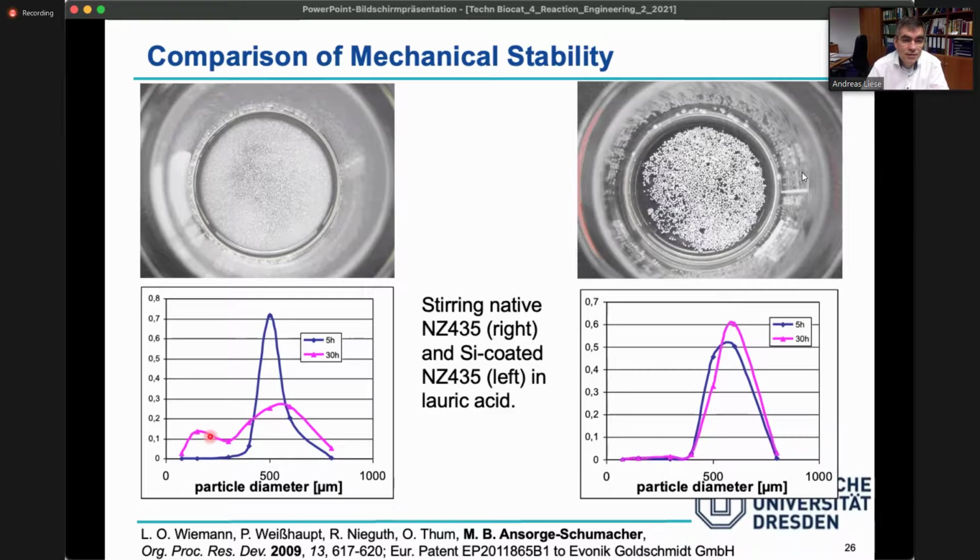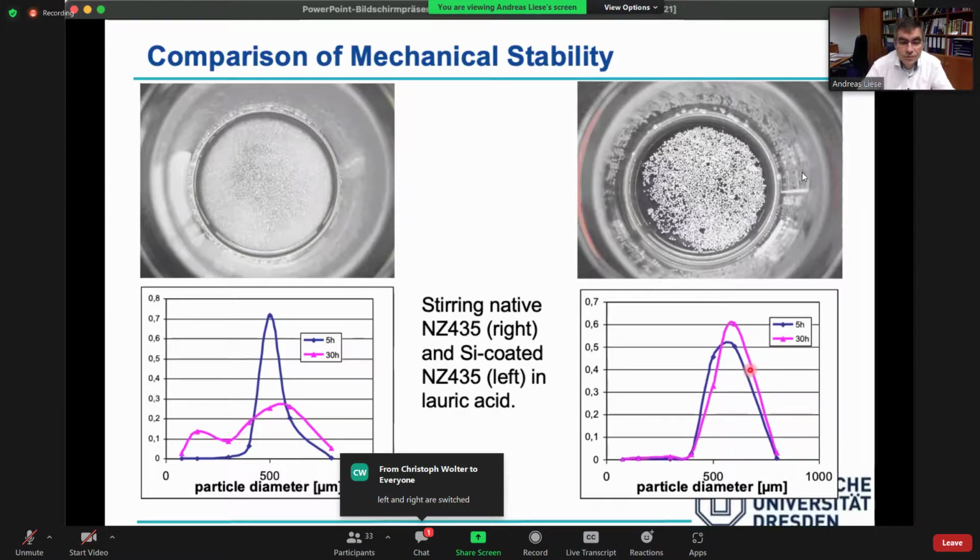And so you already see it also optically. Now, if you make use of the silicon-coated particles, where we have this net for one preventing desorption, but that you can't see here, if you look at the particle size, you see there's almost no significant change in the particle diameter. And so this is a very successful method that's also being used on a large scale.